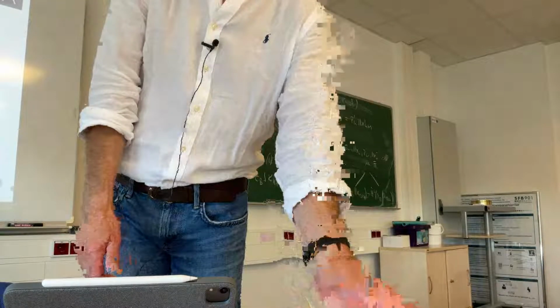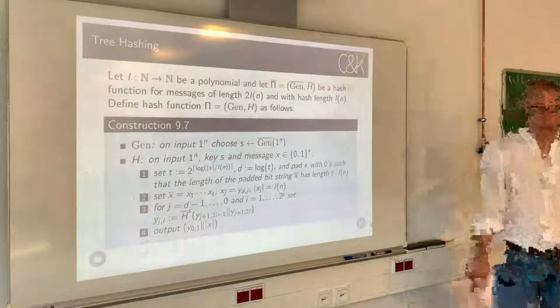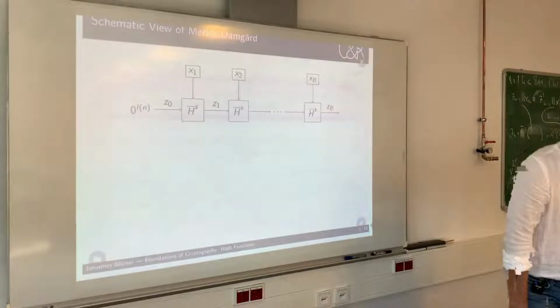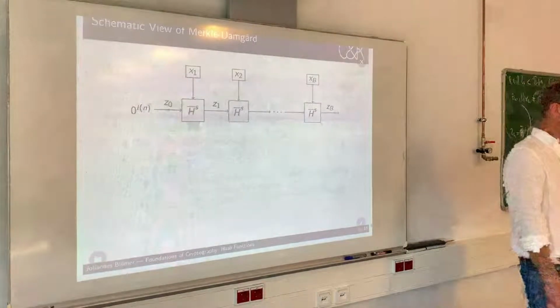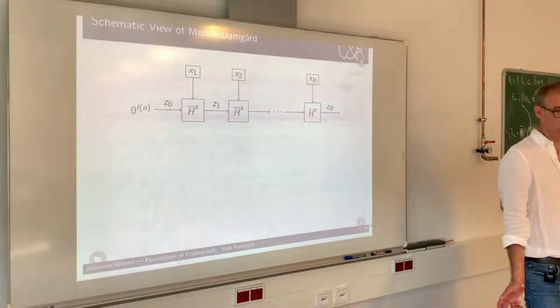So that is the Merkle-Damgård construction. I want to present a slightly more efficient version of it, where if you see this here, it's a list. Well, as a computer scientist, you say if there is a list, there should be somewhere also a tree construction.